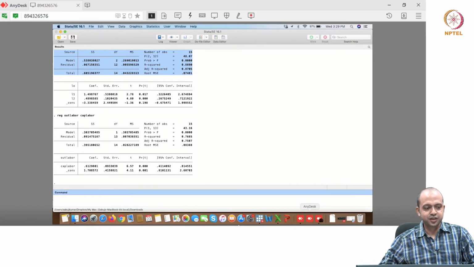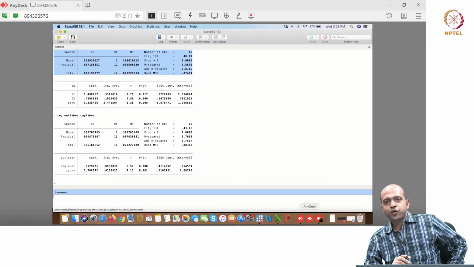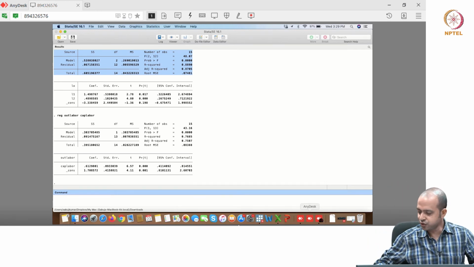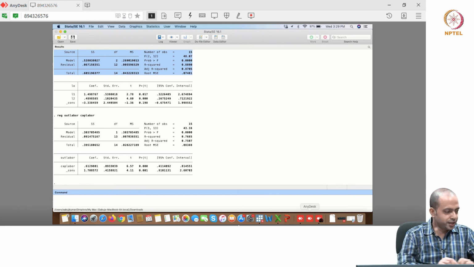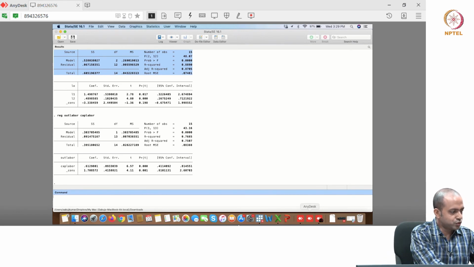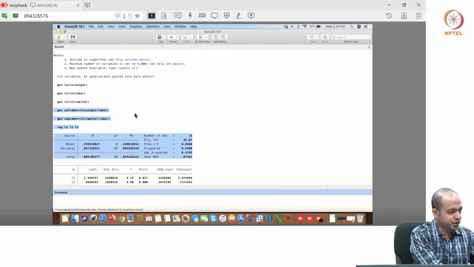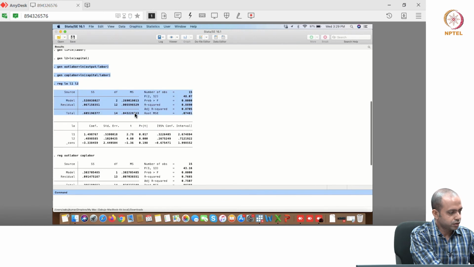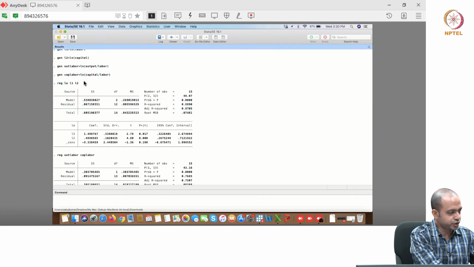In Stata, there is an inbuilt option for conducting this particular hypothesis testing, and for that you have to use one specific command, and that command is, once you run your original model. This is my original model reg. I will just copy the command once again.